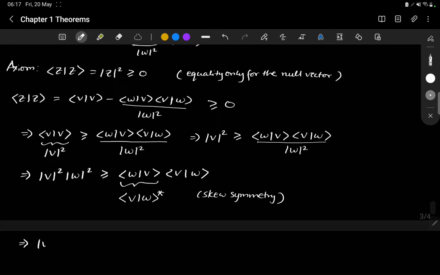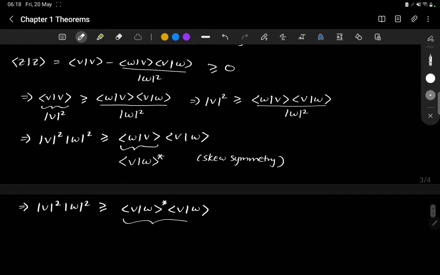So that means we get, and this is nothing but, by definition, mod of the inner product squared, because this inner product over here will be some complex number, and a complex number times its complex conjugate is nothing but the magnitude squared by definition.